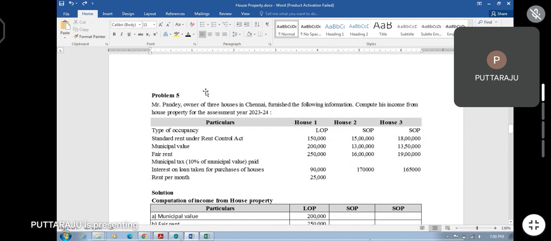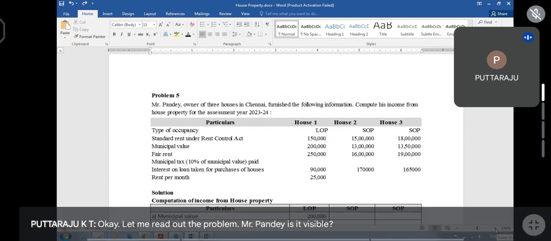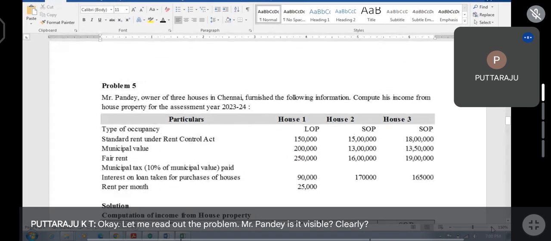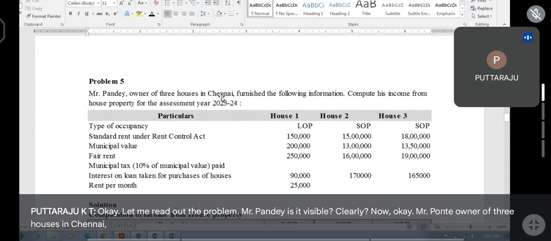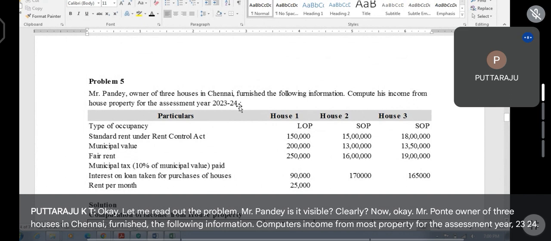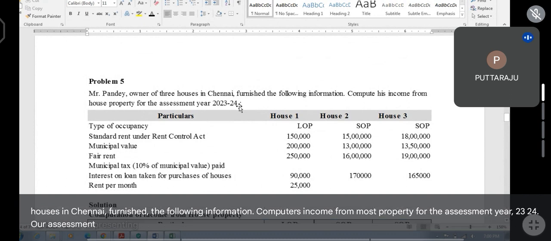Is it visible clearly? Mr. Pandey, owner of 3 houses in Chennai, furnished the following information. Compute his income from house property for the assessment year 23-24. Our assessment year is 23-24. Particulars: house number 1, house number 2, house number 3.